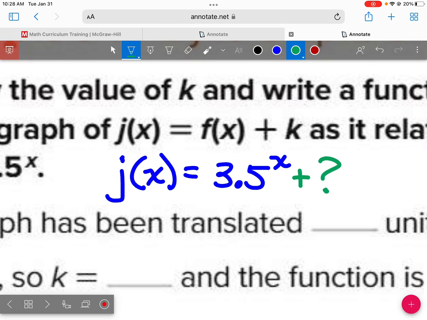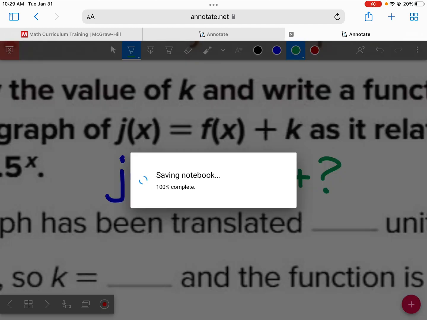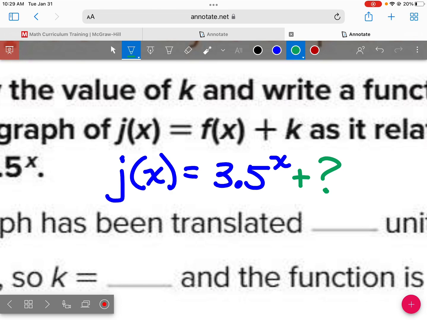They're telling me right now that it doesn't have an a value other than 1, so it didn't stretch, it didn't compress, it didn't reflect. Did they tell me that it has an h value? No. So it didn't go left or right at all. It just moved either up or down.